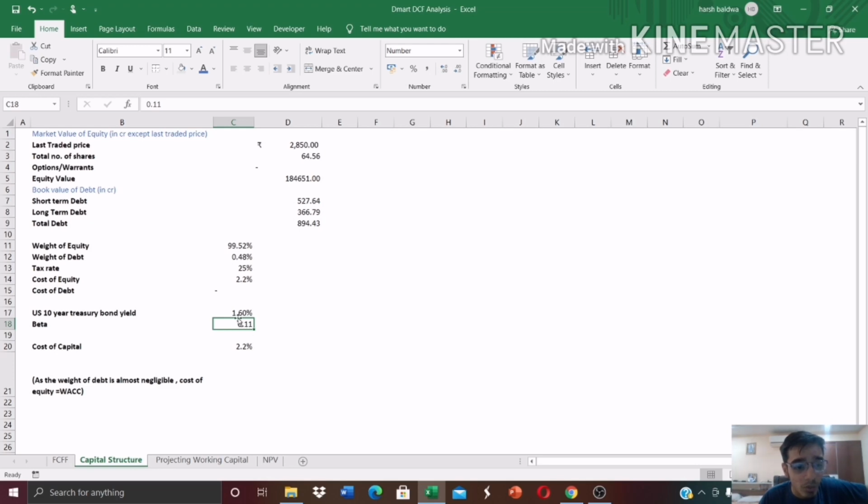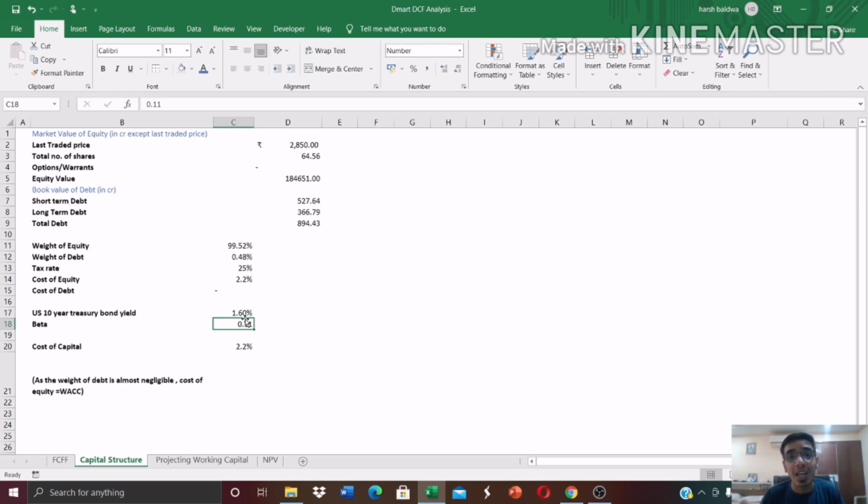So 1.60% plus 0.11 times 5.5%. Why did I take this 5.5%? This is usually assumed to be the market risk premium. What is the market risk premium?